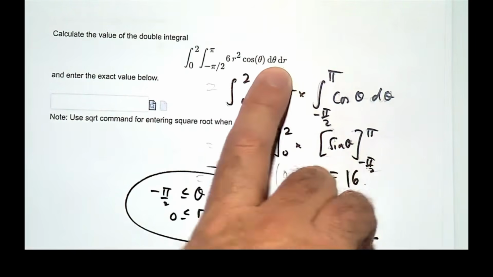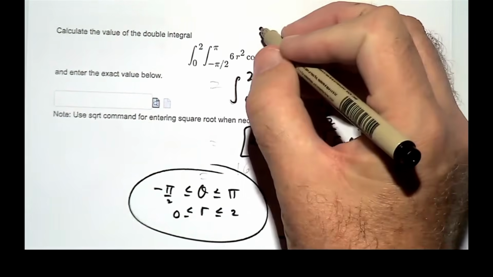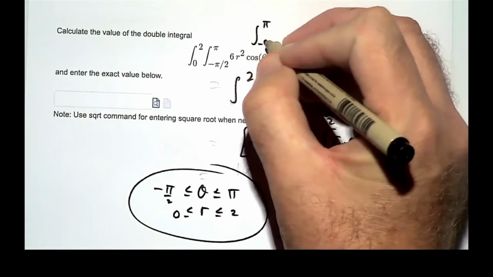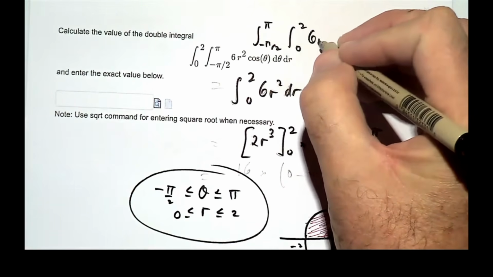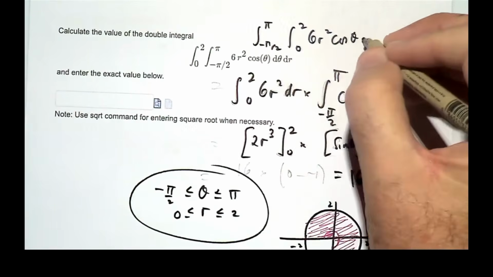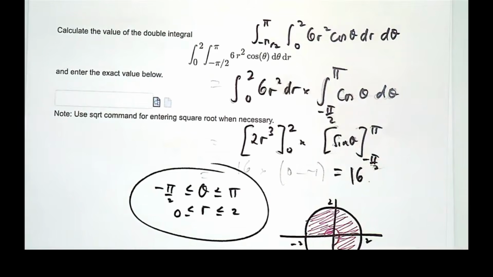Could I do that? Well, I could. You could also write it like this. Because the limits of integration are constants, the order of the integral can be swapped without any worries about changing the answer. It's not relevant for solving the problem, but it's still interesting to know.